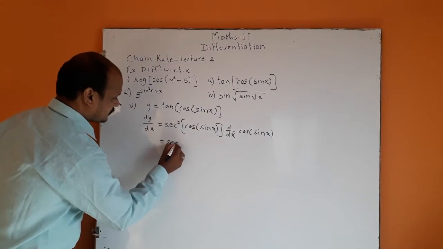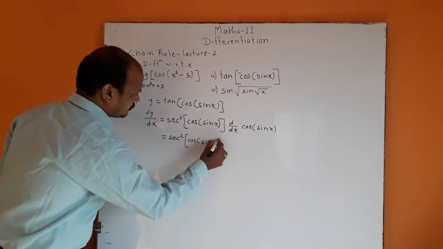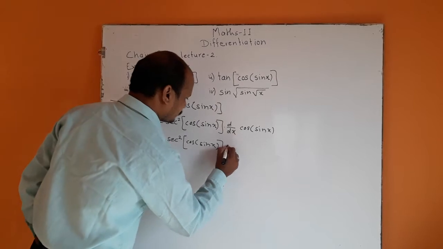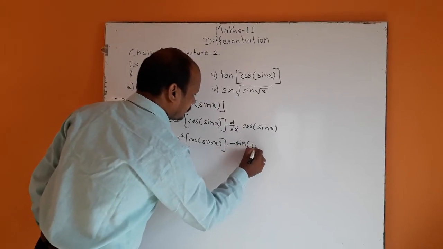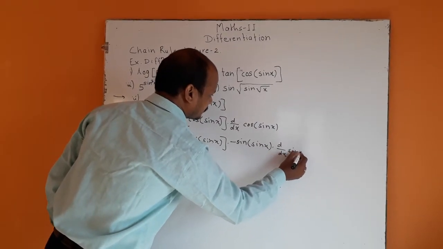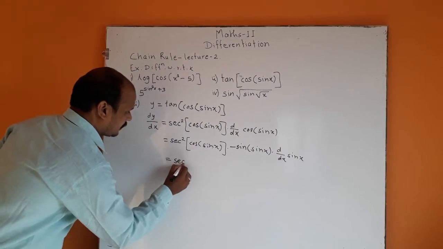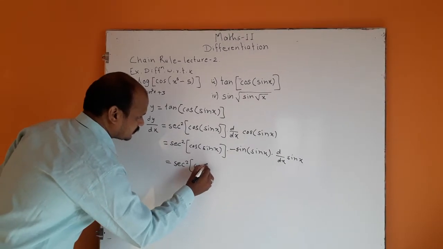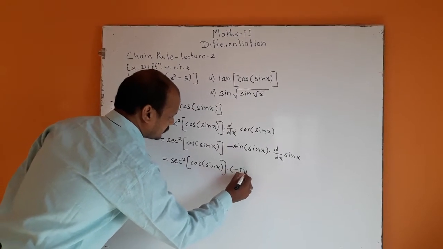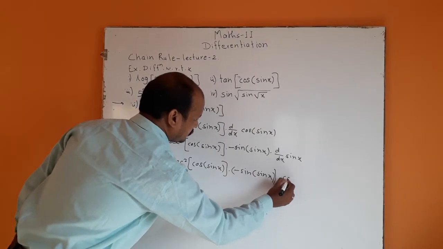is equal to sec square cos of sin x into derivative of cos, minus sin, minus sin of sin x into d by dx of sin x. d by dx of sin x is cos x, so it is equal to sec square cos of sin x into minus sin of sin x into cos x.